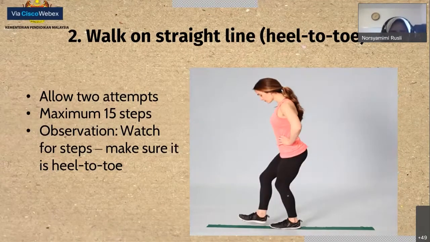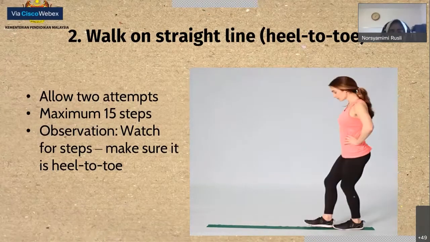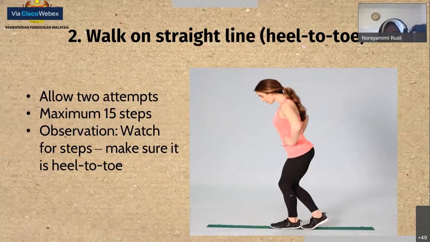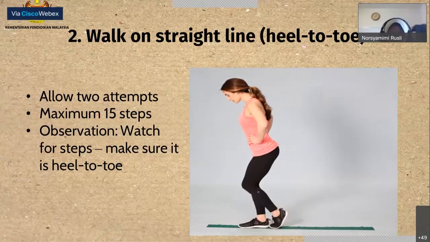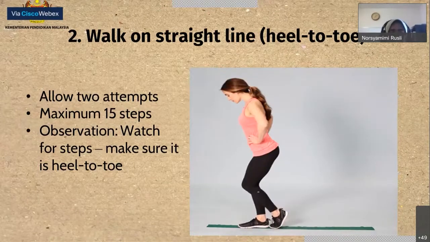So if the child becomes wobbly, it's okay as long as they do not fall or step out of the line. If they step out of the line, it means that maybe they have difficulties with planning the body movement as well as balancing.